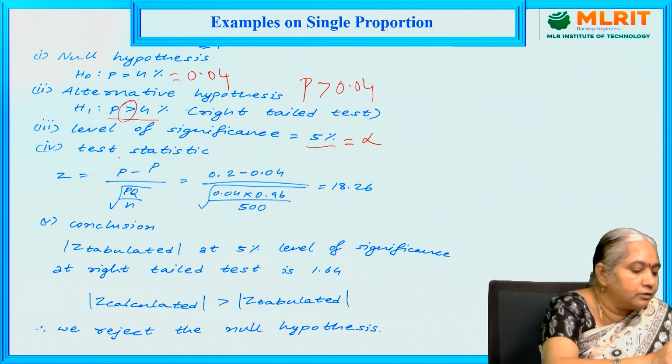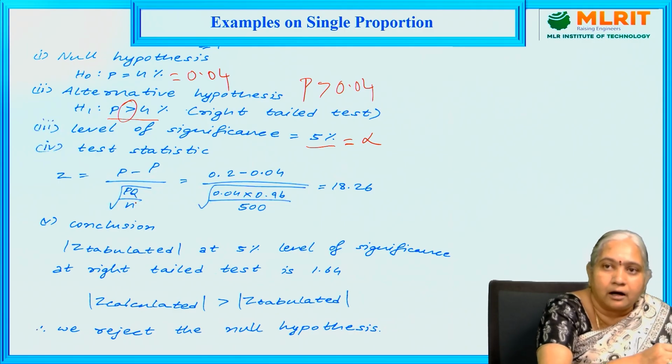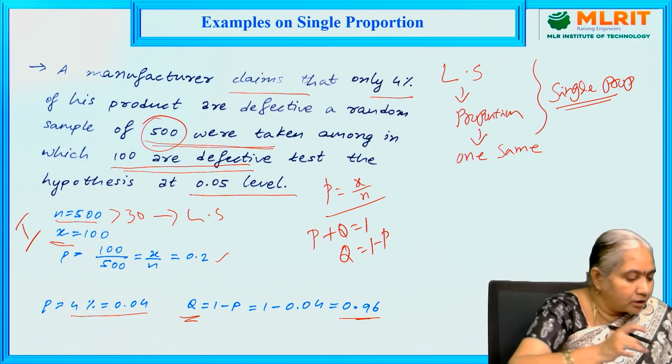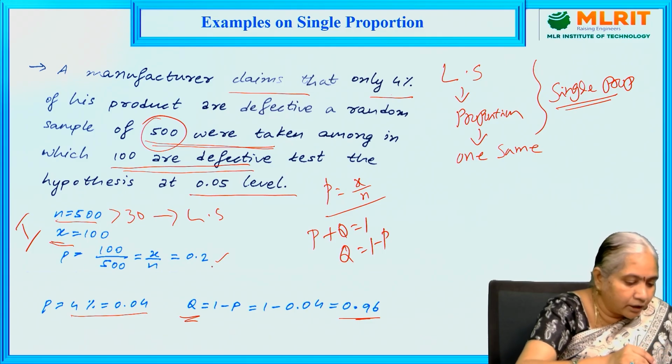So Z is equal to small p minus capital P by under root PQ by N, the standard error of sample proportion. Now small p equal to 0.2, after calculation of sample proportion x by n, we got 0.2.